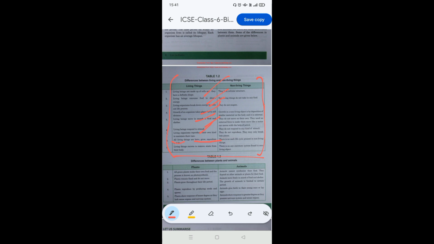That is, they have a lifespan. And last, they excrete to remove waste from their body. So, this table 1.2 shows the differences between living and non-living things.